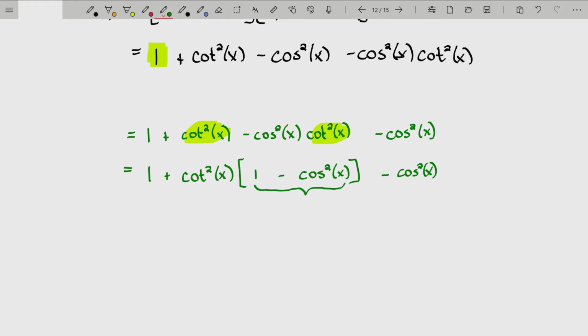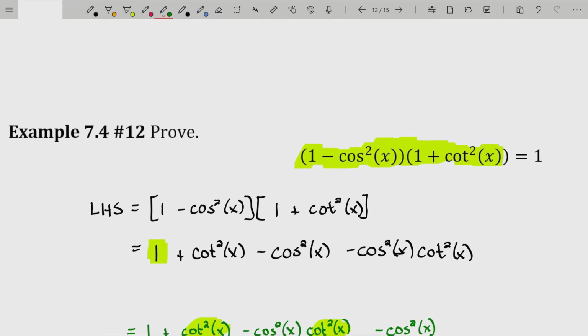That's from the Pythagorean identity, which I'll go ahead and write up here. Cosine squared of an angle plus sine squared of the same angle is equal to 1. And so if I subtract cosine squared from both sides, I get that sine squared is 1 minus cosine squared.